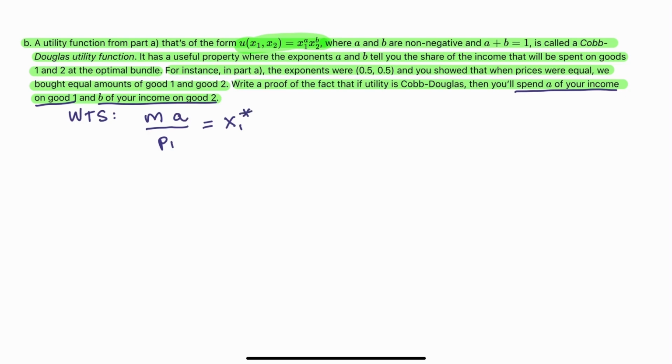Another way to see this is if ma is our expenditure on good 1, x1 star P1 will also be the expenditure on good 1. So we can divide both sides by P1 to see that x1 star should be equal to ma over P1. Likewise, we want to show that mb divided by P2 is x2 star.